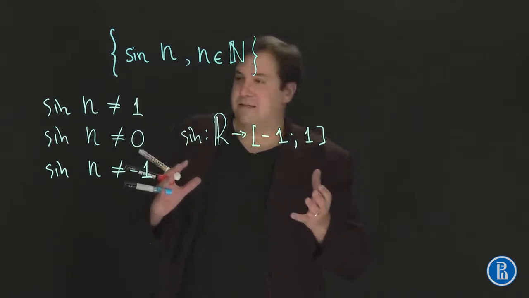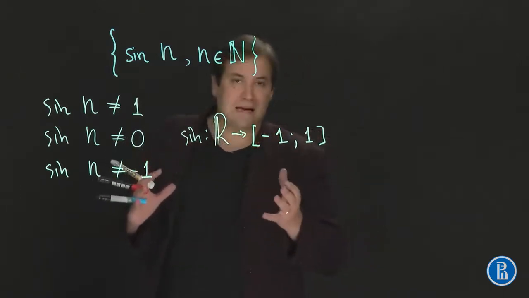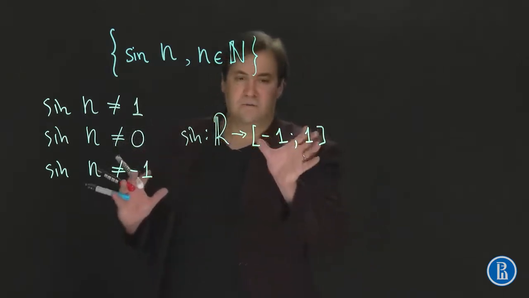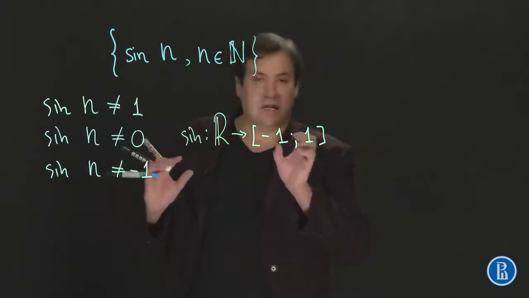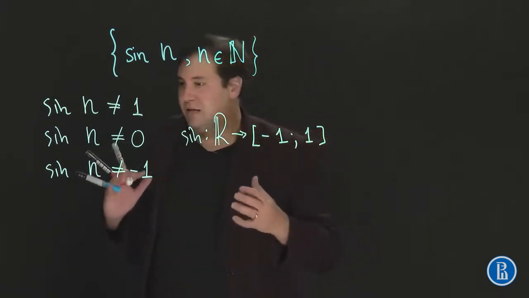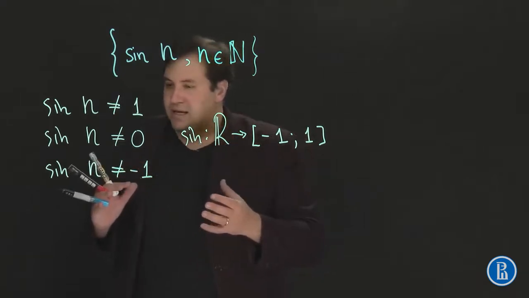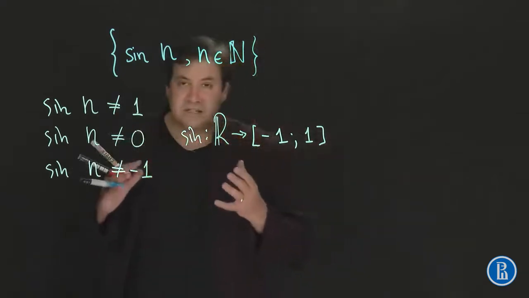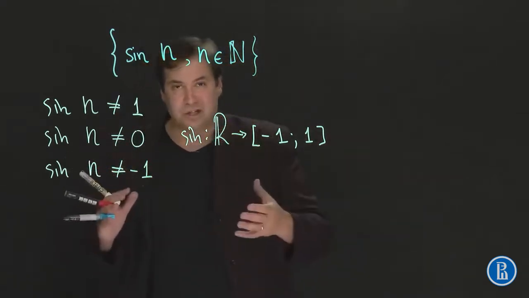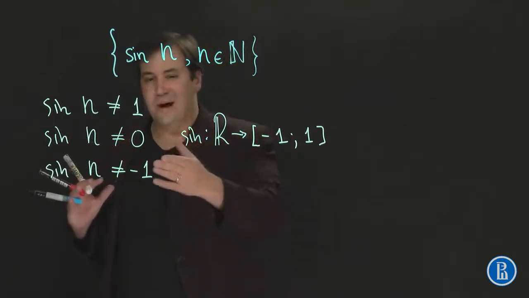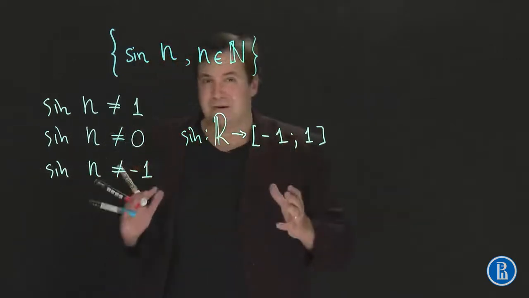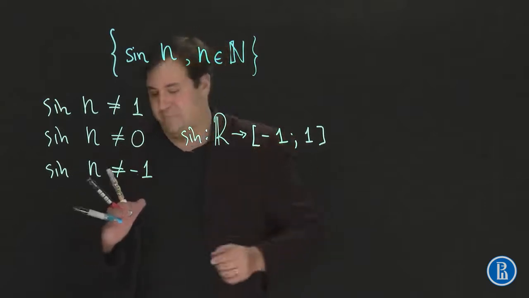Well, we understand that there are infinitely many, but certainly not all of these values can be obtained as the sine of a natural number, of a positive integer. And Kronecker's theorem answers the question: how close can we get to 1 or -1 or 0 or any other number from -1 to 1?